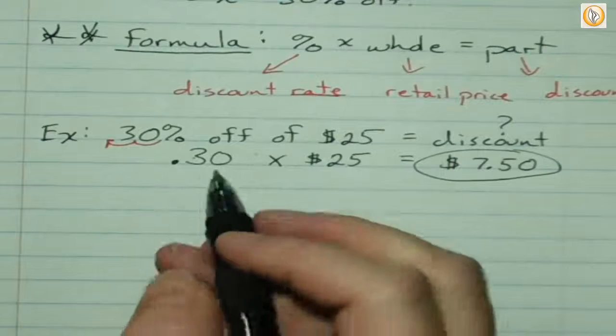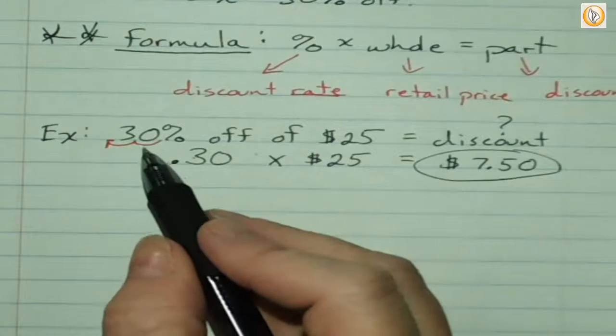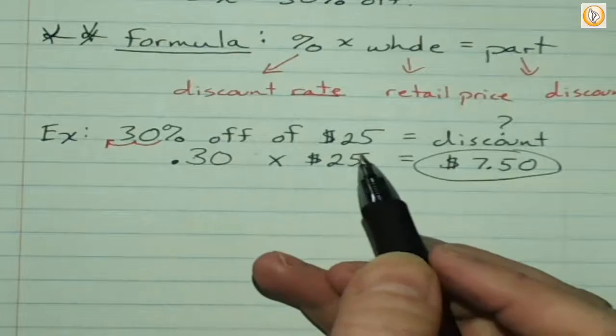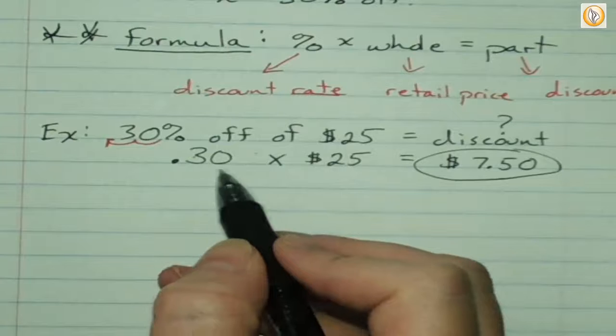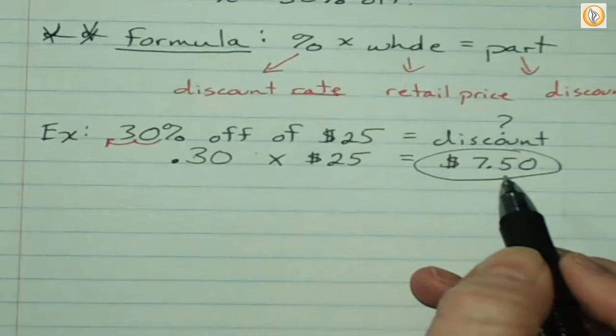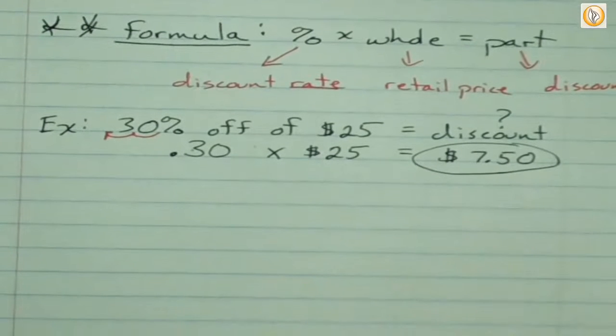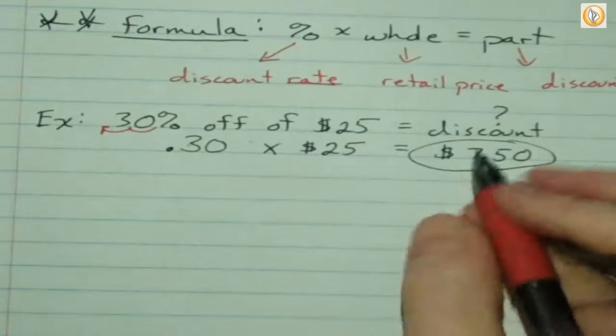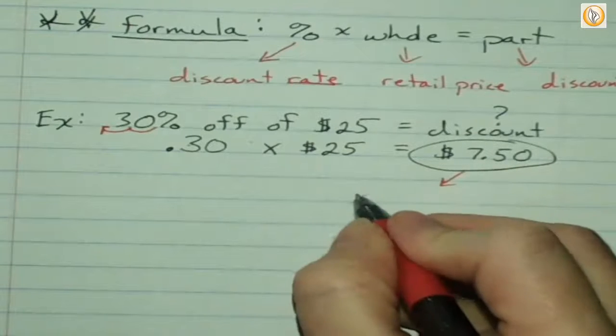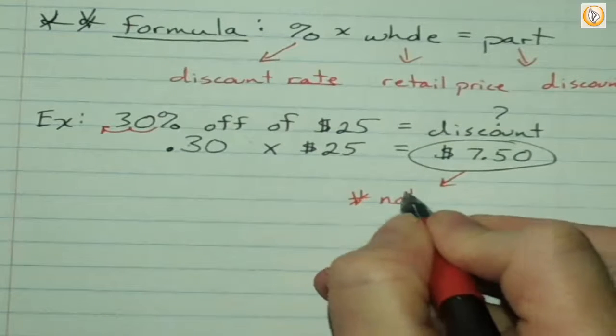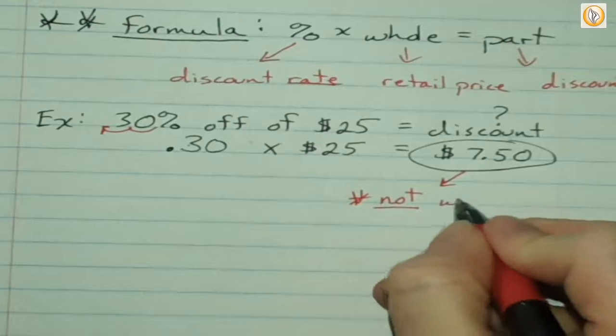Now, here's the thing with that. When you go to a store, it's 30% off of something. You change it to a decimal, multiply it by that, and it gives you this. This is not what you pay.